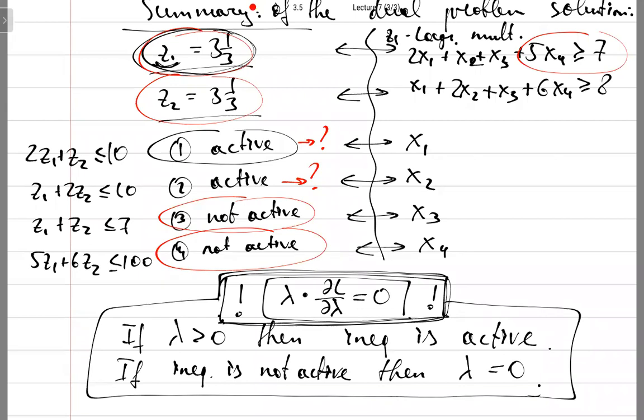If you plug 3 and 1/3 into this inequality, the statement is true: 3 and 1/3 plus 3 and 1/3 is less than 7. The inequality is satisfied, but it's not active. Not active means true as an inequality. Active means true as an equality.